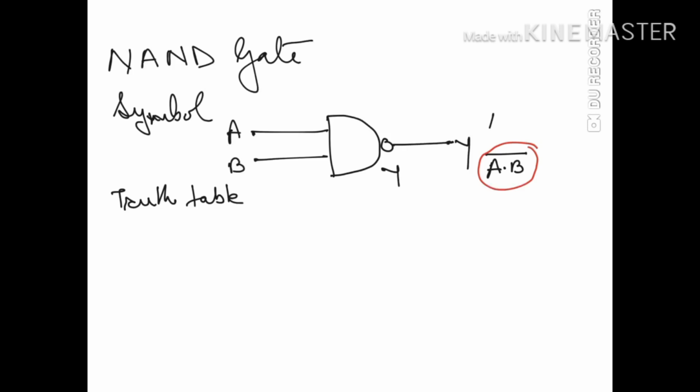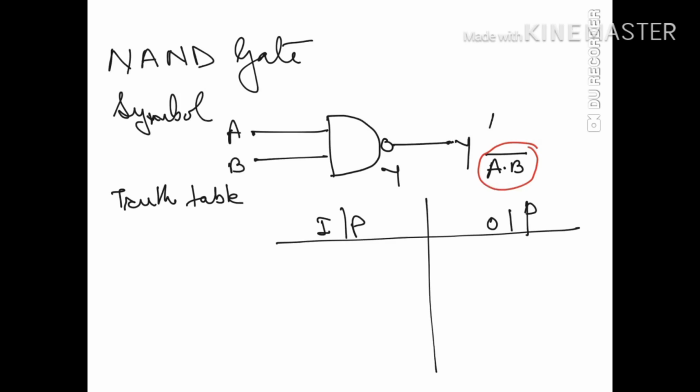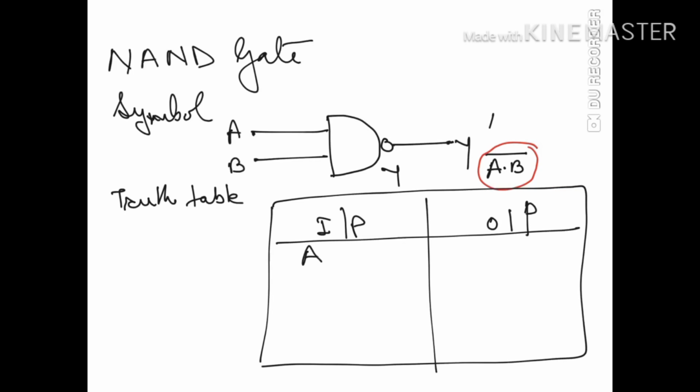What happens over here is input and output. This is A, this is B. We come for Y and Y dash.